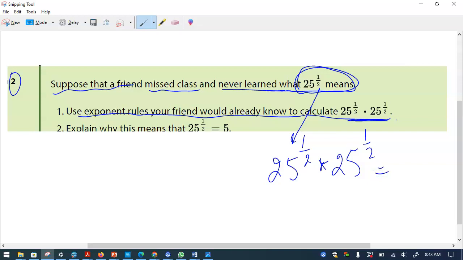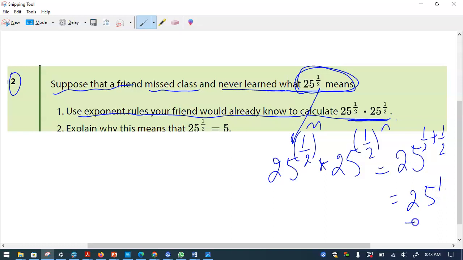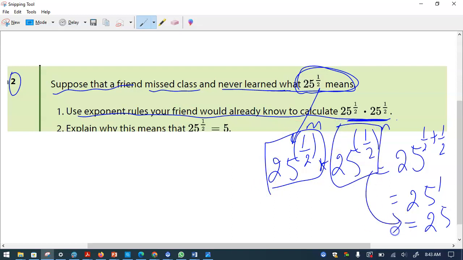This is the m and this is the n, so we can always write half plus half, and that is 25 raised to 1, which is 25. So that means 25 raised to half multiplied by itself gives you 25.